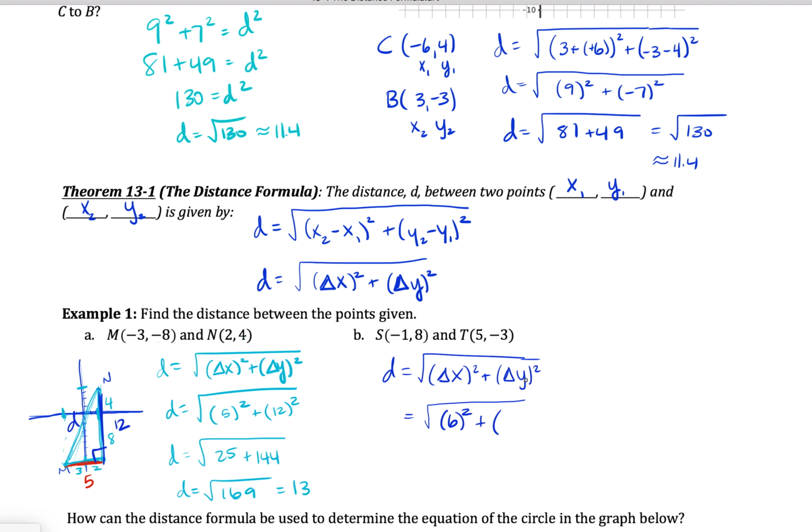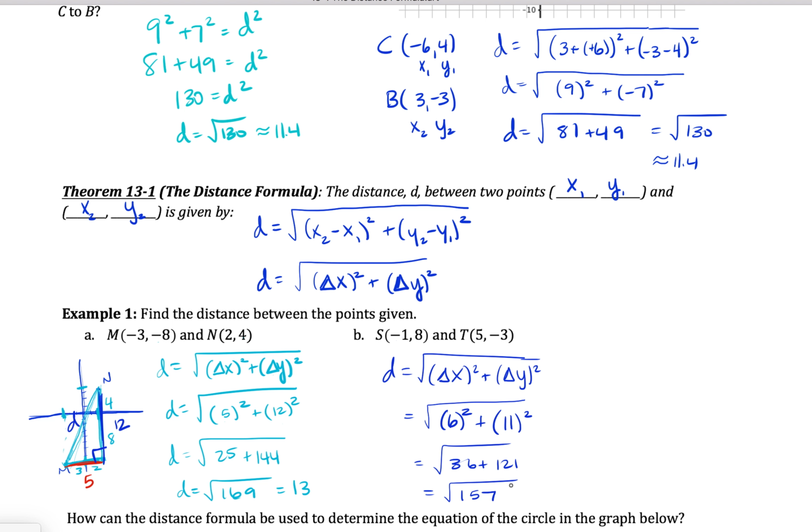Now let's figure out the change in y's, going from 8 down to negative 3. Well, from 8 to 0 is 8 units, and then down another 3 to get to negative 3, so that would be a total of 11 units going down from 8 to negative 3. So that's an 11 squared. So now we're looking at the square root of 36 plus 121, which is the square root of 157.